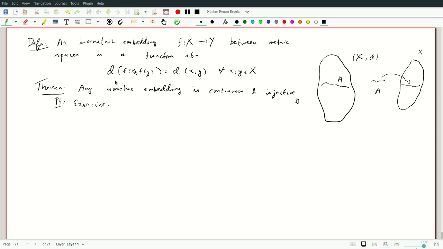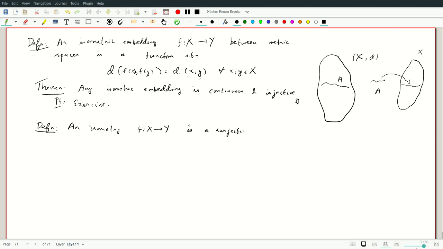Now specifically, suppose this is also onto, then x and y become equal to each other in a strong sense. An isometry f from x to y is surjective.